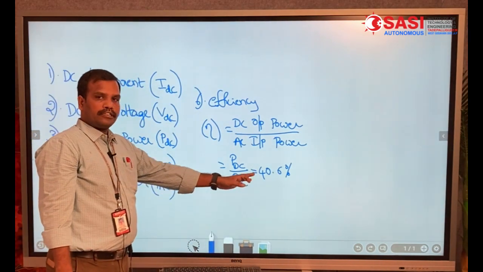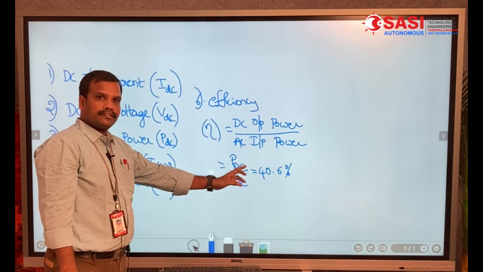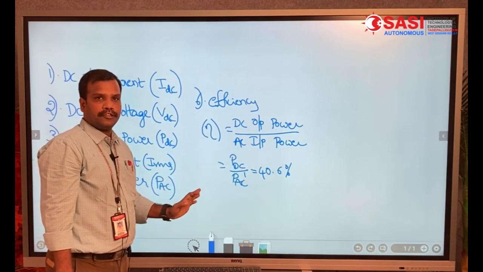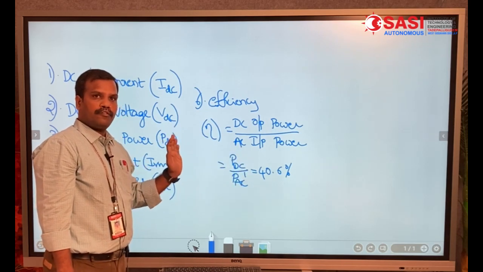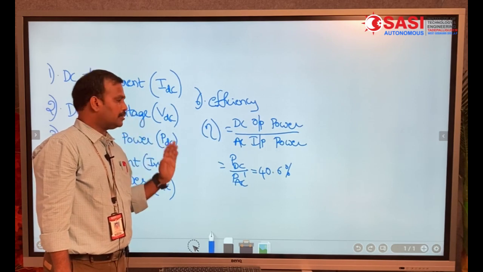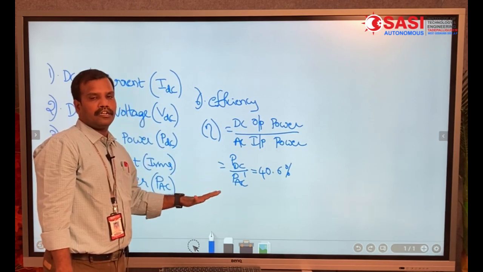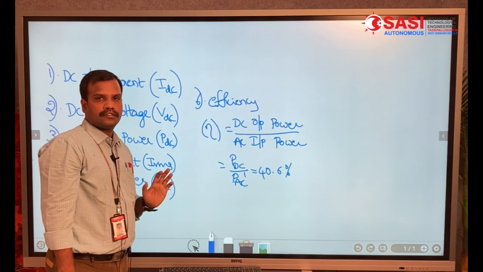Only 40.6% of the AC input is converted into DC with the help of the half-wave rectifier. Means the efficiency of the half-wave rectifier is very less.